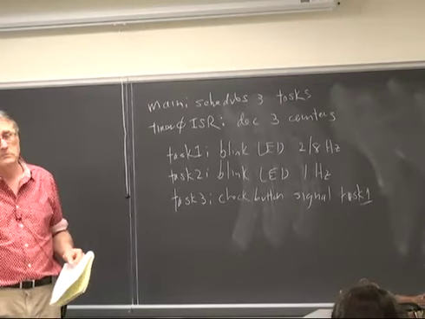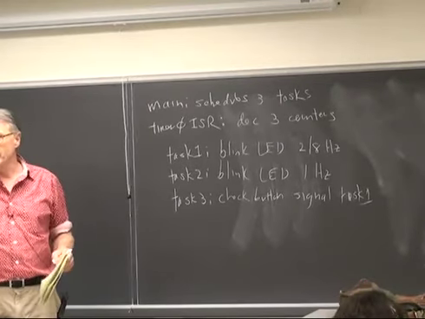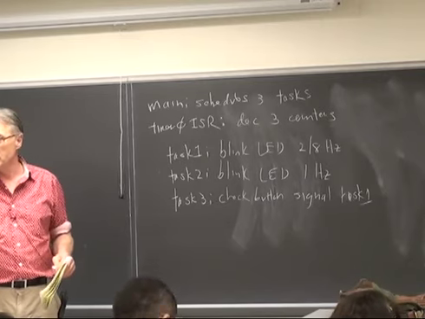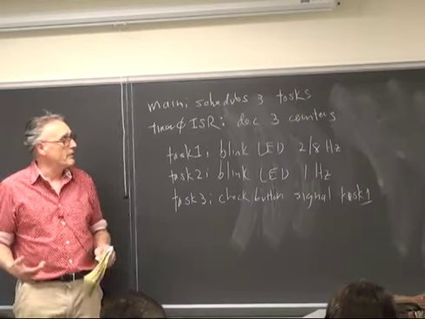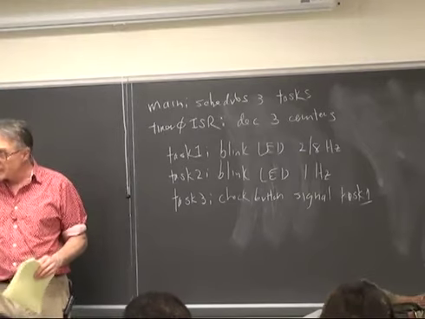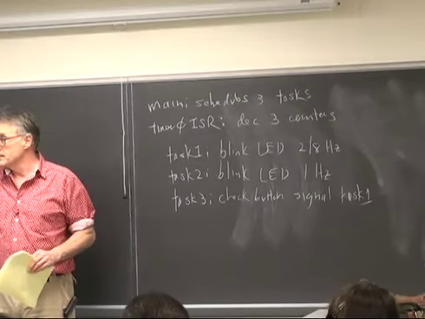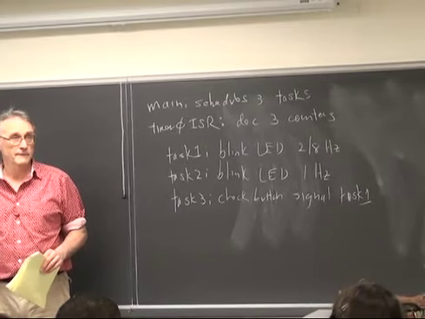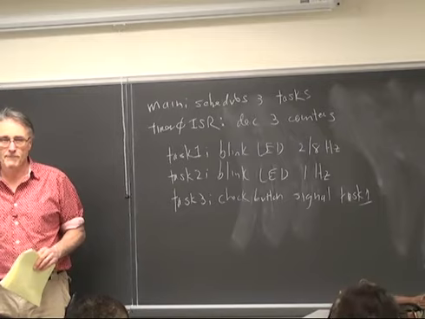So these are all very lightweight routines. Each one of them takes much less than a millisecond to execute. And so we can afford to have a really stupid scheduler because it's easy to meet the deadlines. Any questions? Okay.